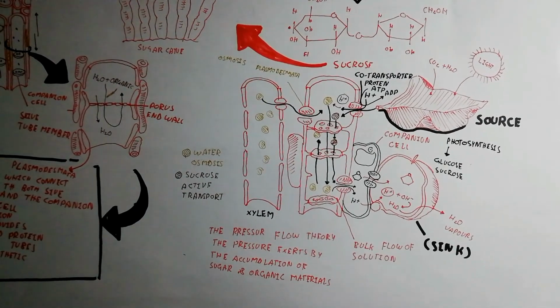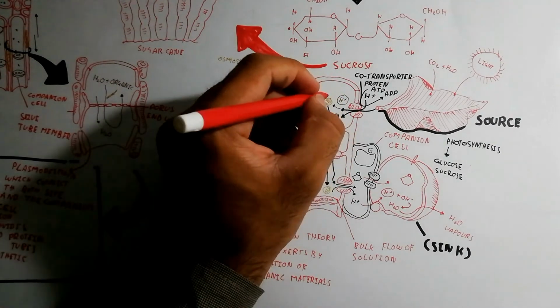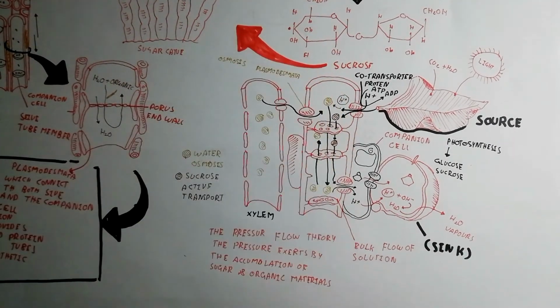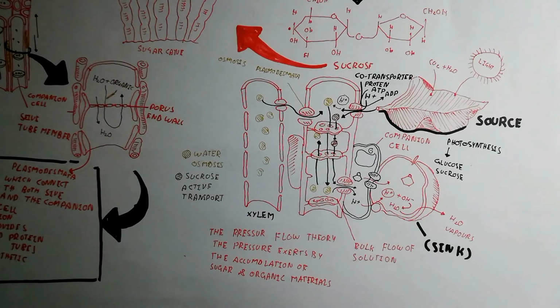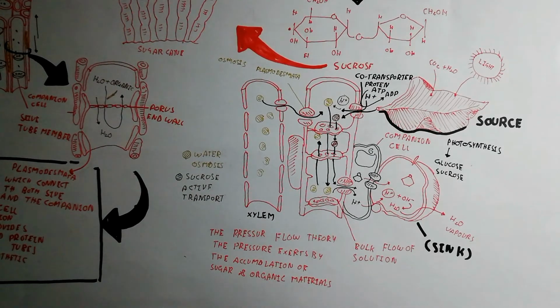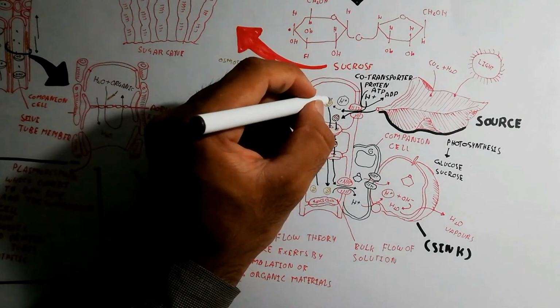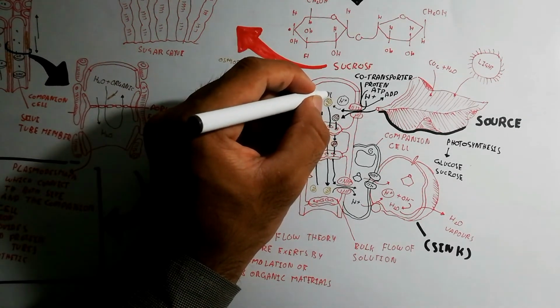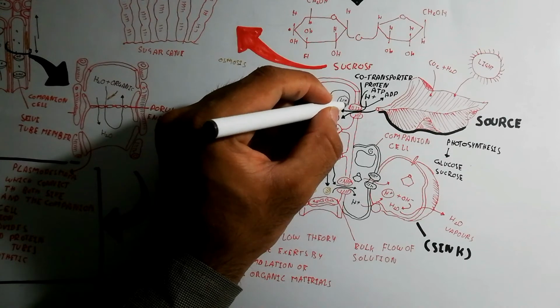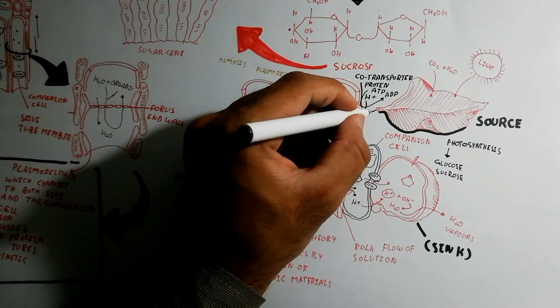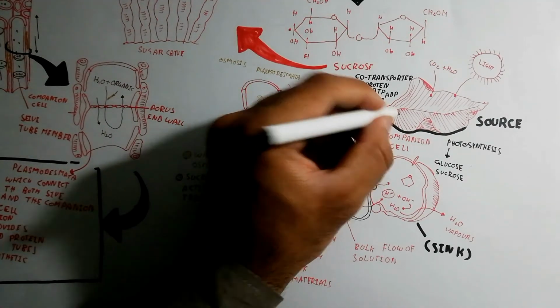One glucose molecule enters the companion cell with one hydrogen ion, using ATP converting to ADP, which is active transport, and goes through the sieve element to be translocated into the fruit. So the fruit is the sink region, you should remember it.